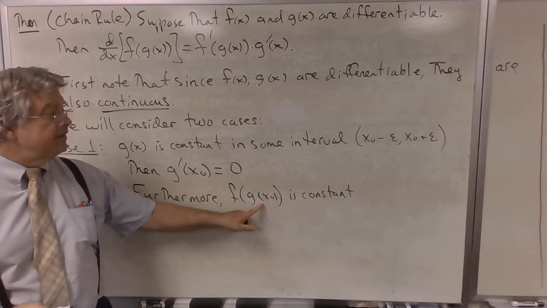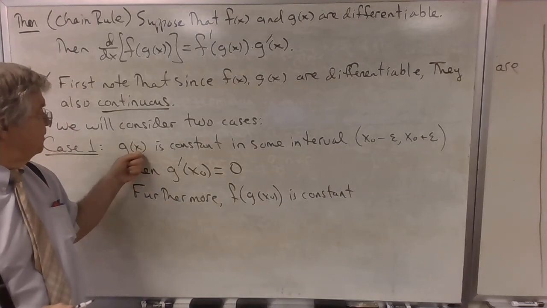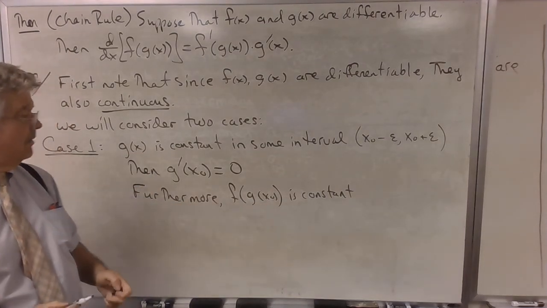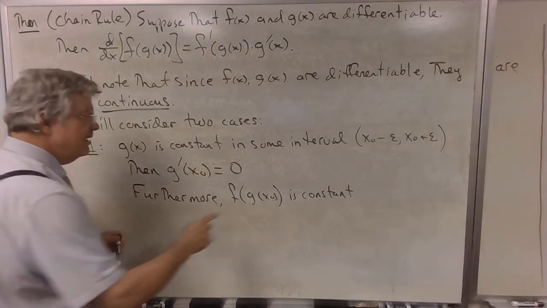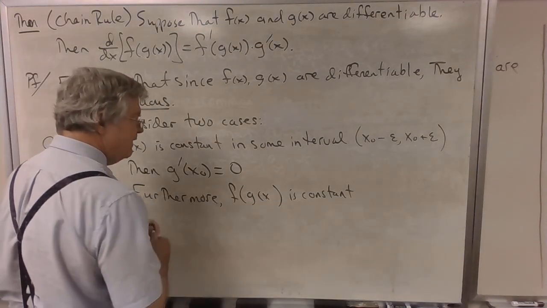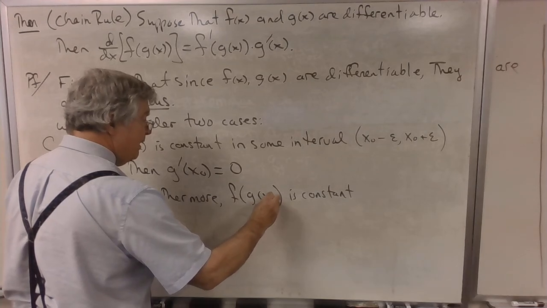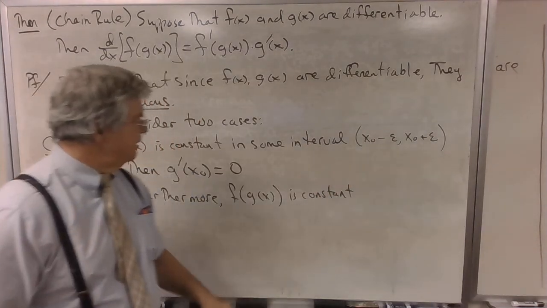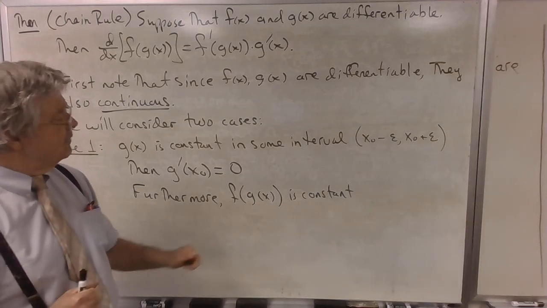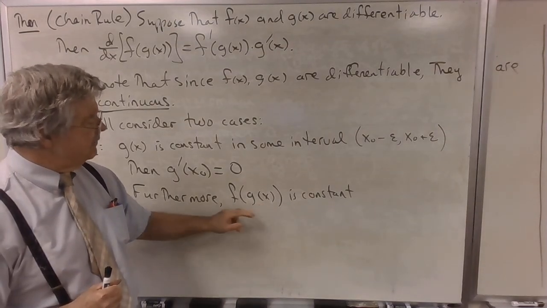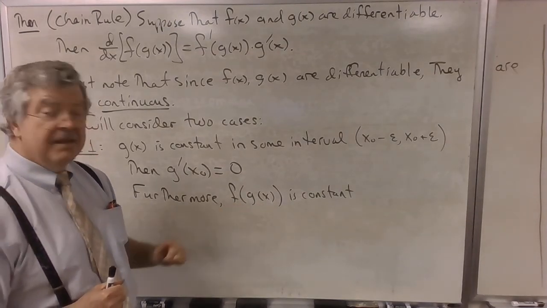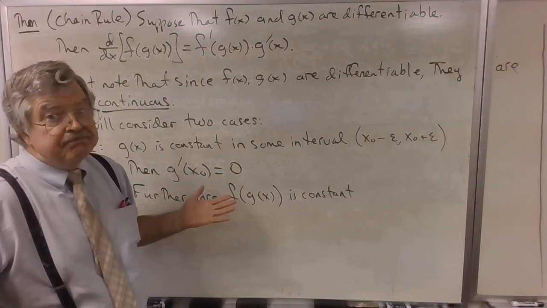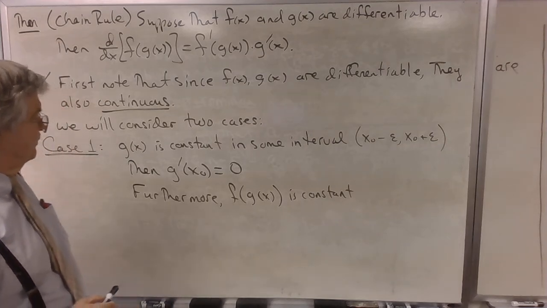If we take a constant, g of x, for all x in this interval, g of x is a constant. So I take a constant, g of x, and plug it into f. What happens when you evaluate a function at a constant? You get a constant.